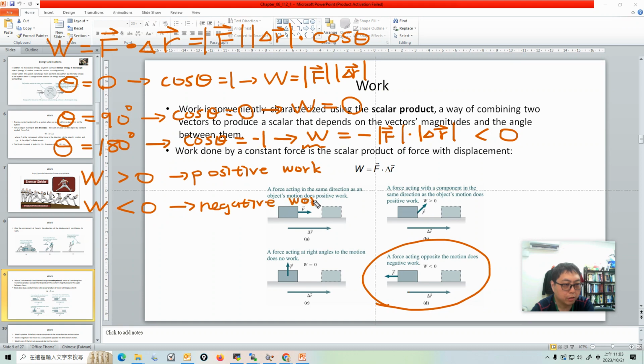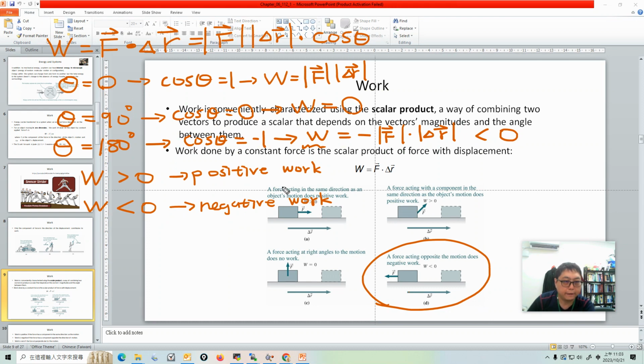This happens a lot, especially with friction, because friction is always opposite to your moving direction. So friction always does negative work, because its direction is opposite to the moving direction. We will talk about this later.